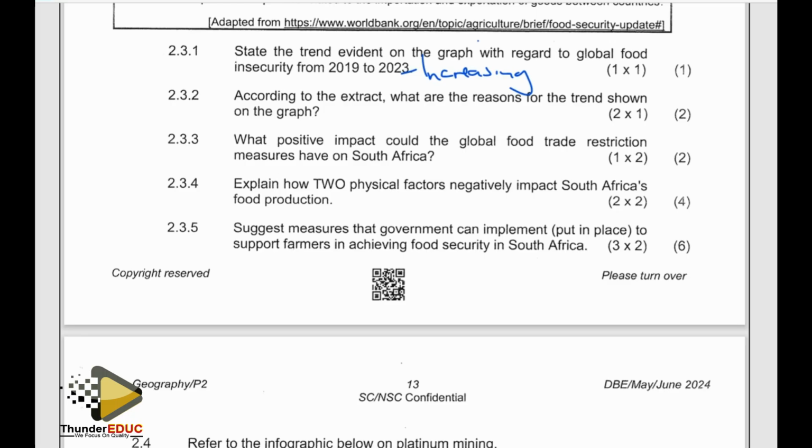How does it reap positive benefits? It means it will increase domestic or local supply. If we are restricting exportation of food products out of the country, the local market is going to have an increase in supply, and hence people will get sufficient and nutritious food for a healthy life.